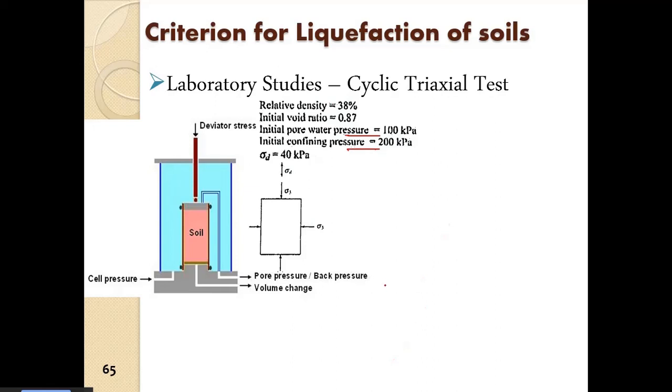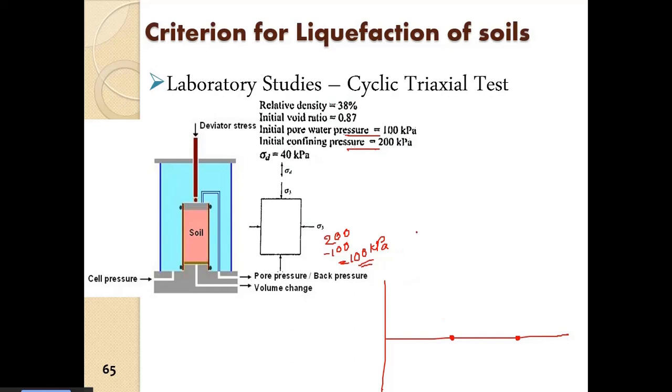So we can draw two more circles. The initial confining pressure is 200 kPa here, and the initial pore water pressure is 100 kPa. So 200 minus 100 is equal to 100 kPa of effective stress. So we have this effective stress point here.